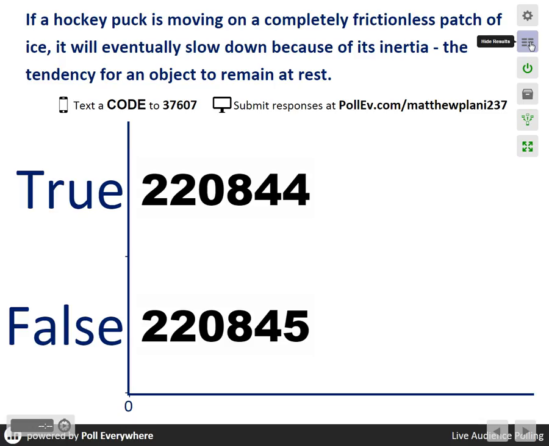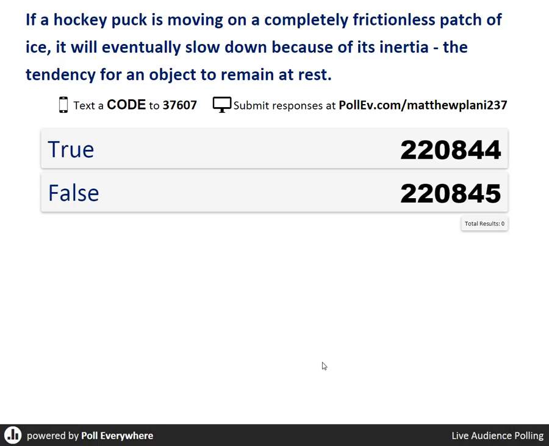It says, if a hockey puck is moving on a completely frictionless patch of ice, it will eventually slow down because of its inertia, the tendency for an object to remain at rest. Is that statement true or false?